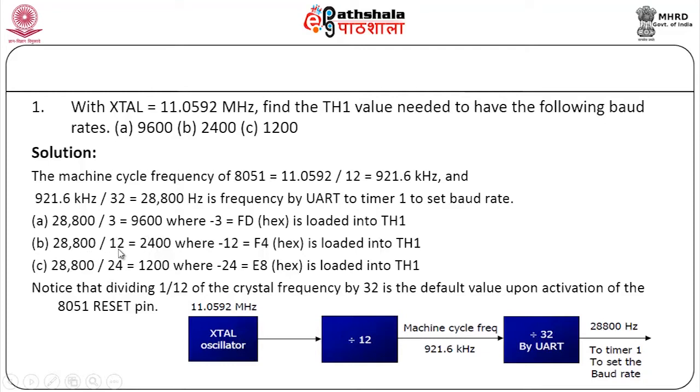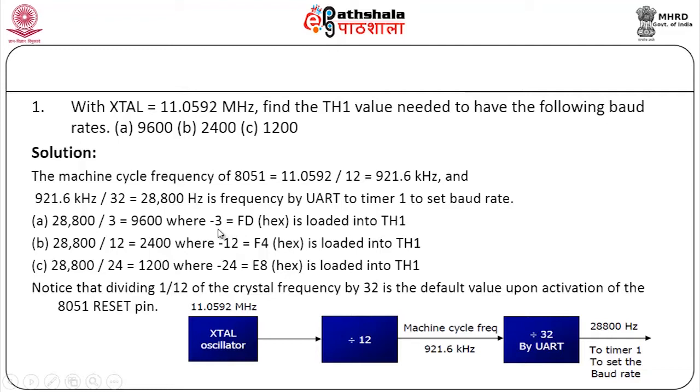So now if I am dividing this number by 12, I will be getting 2,400. If I am dividing it by 24, then I will be getting 1,200. So if in 24 clock cycles I am sending 1 bit, then I will achieve 1,200 bits per second that can be sent or received. So this has been configured with the help of timer 1, in which TH1 is loaded with -3.